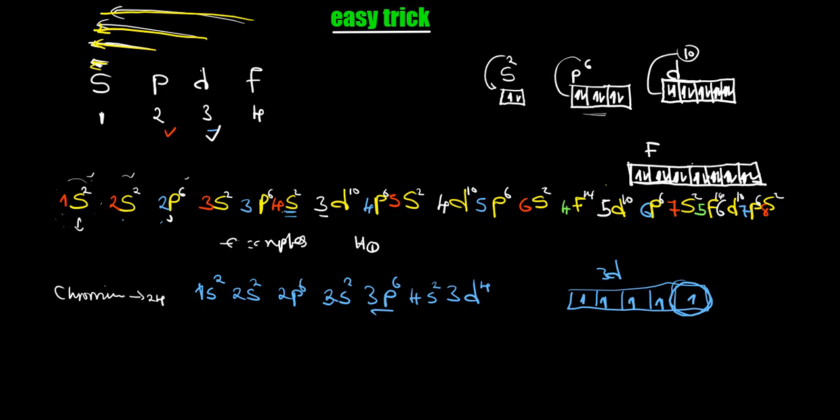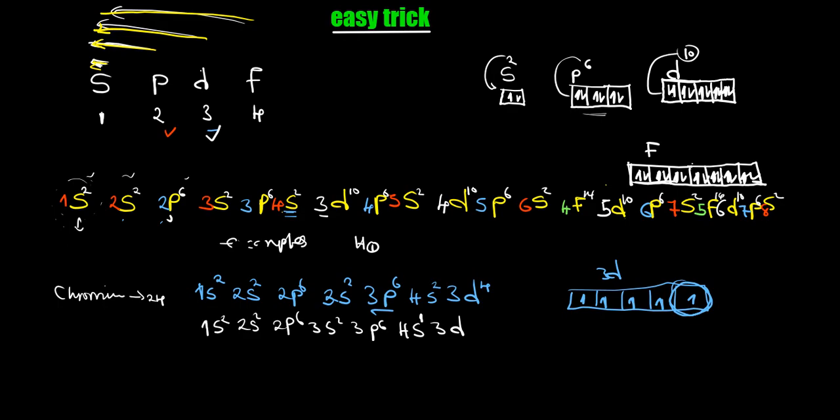So what is going to happen finally, the electron configuration for chromium will now be 1s2, 2s2, 2p6, 3s2, 3p6, 4s. Now this s will just give 1 and share it to this guy who's lacking electrons.